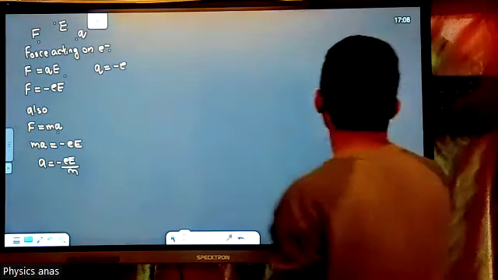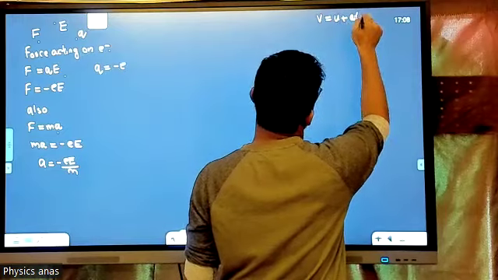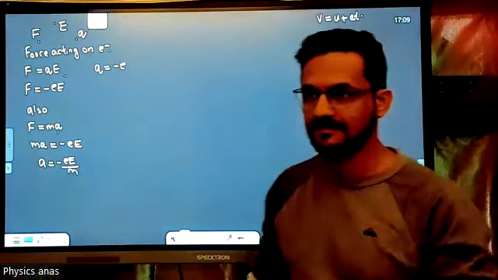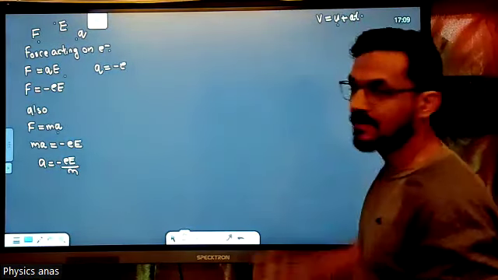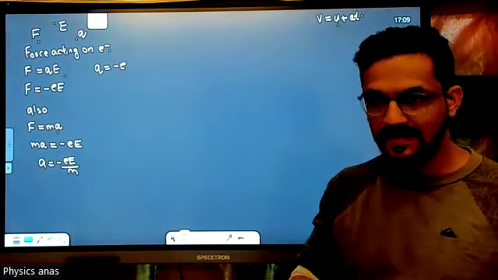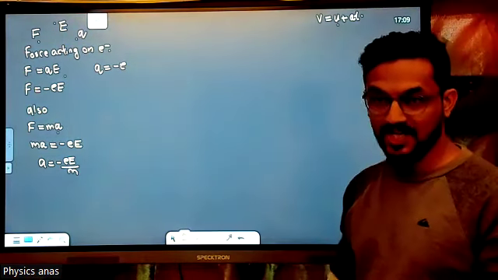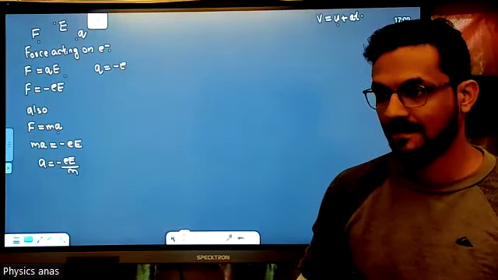Which is the equation? v is equal to u plus at. You have already u. What is u? Initial velocity. a is acceleration. t is time, the time the electron takes to increase its velocity.